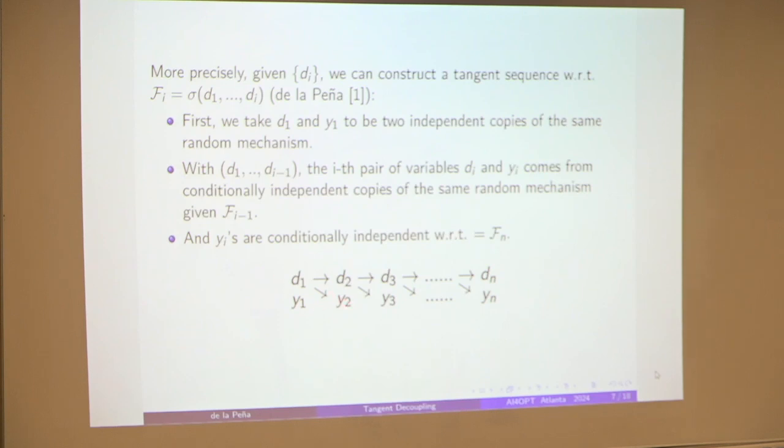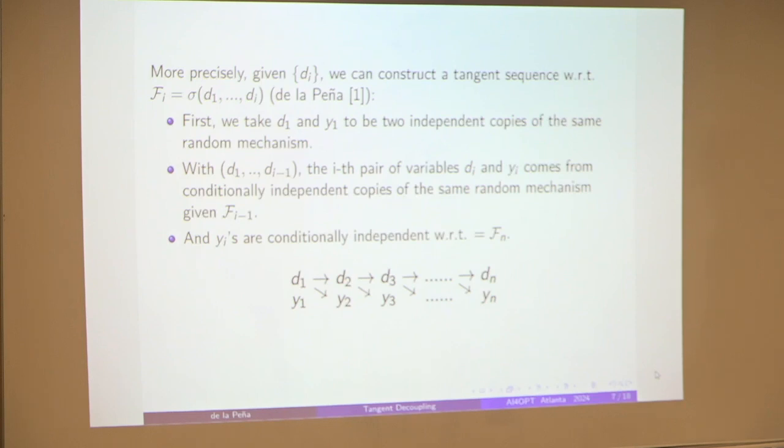Suppose you have a box. You first draw y1, and then you put it back, and then you draw d1. So they have the same distribution. Next stage is to take y2, then you put it back, and then you take d2, and you put it away. You don't put it back.